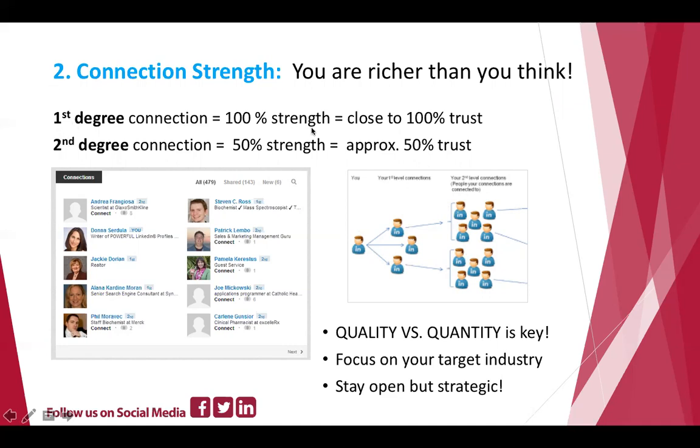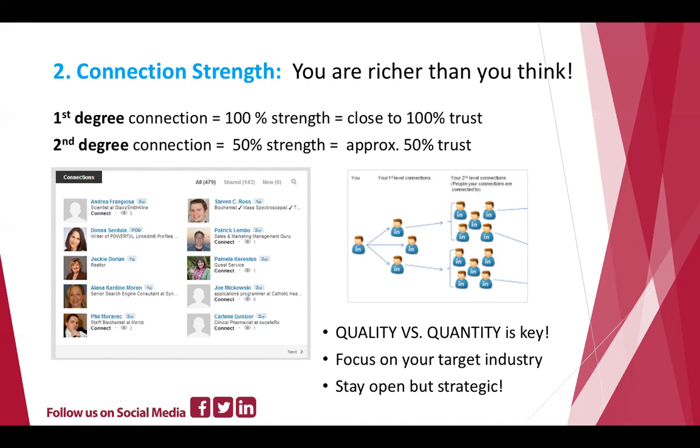And it's assumed kind of that the first degree is your strongest. So I believe these are your former colleagues, maybe supervisors, maybe professors that taught you. The strength of that connection is pretty strong, close to maybe 100%. And we measure it in trust, because networking is based on trust. So the second degree is, who do they know?